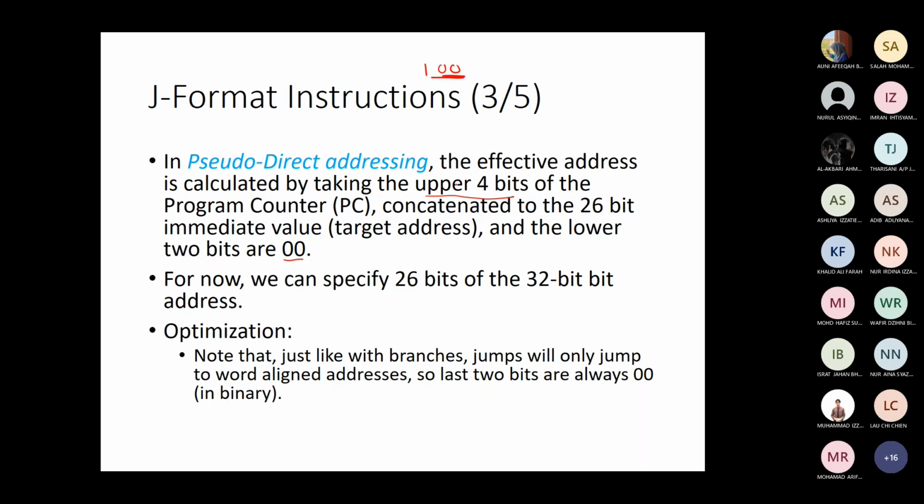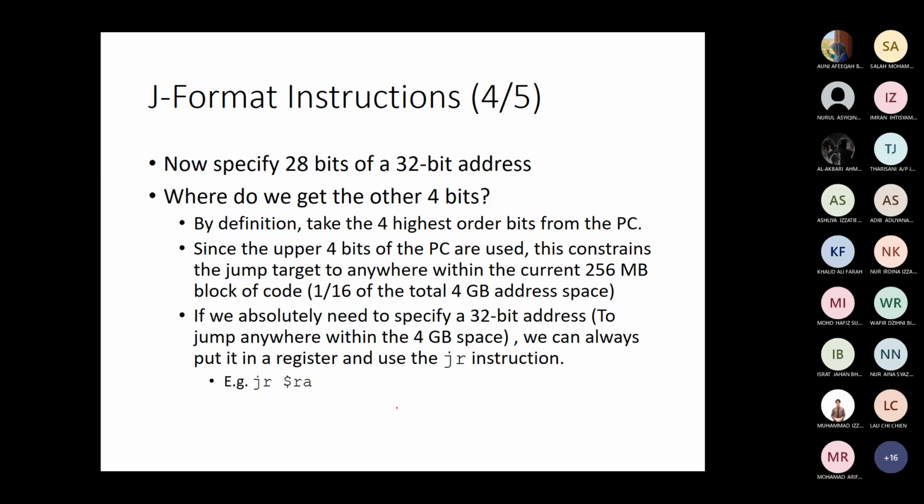So for now we can specify 26 bits of the 32-bit address. The optimization is that, as with branches, jumps will only jump to word-aligned addresses. So the last 2 bits are always 0, 0 because of the word-aligned addresses, because of the 4 bytes.